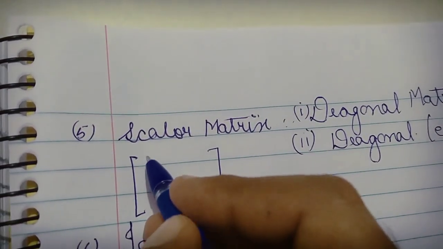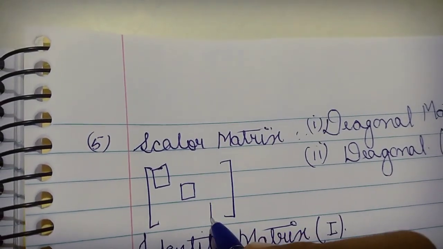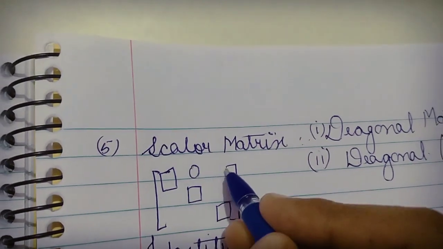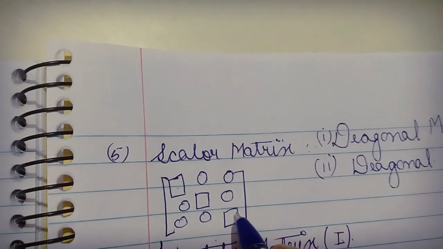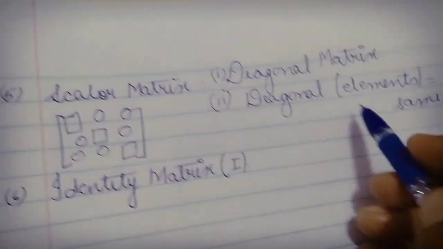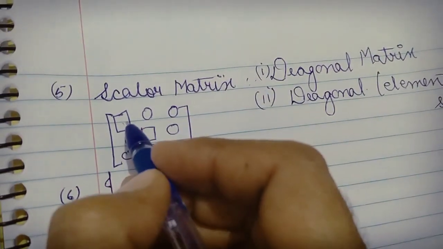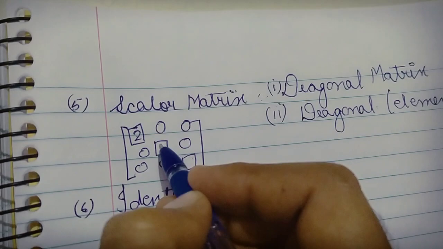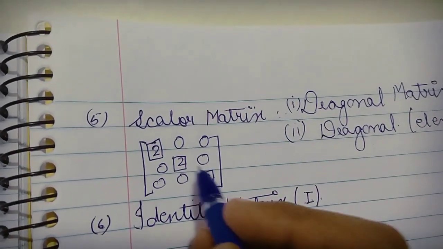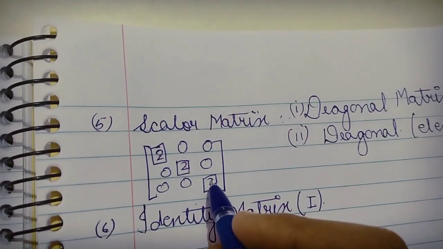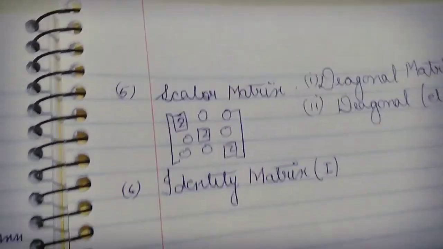That means elements except principal diagonal must be equals to 0. And what about the elements of diagonal? These diagonal elements must be same, maybe any number or any function. This may be equals to 2, maybe 3, maybe x, but all the elements of the diagonal must be same, then it is known as scalar matrix.